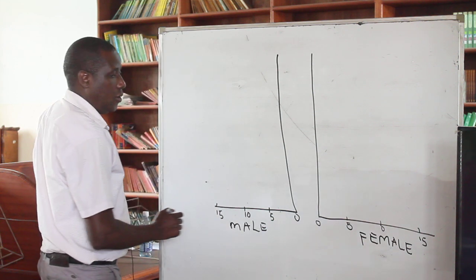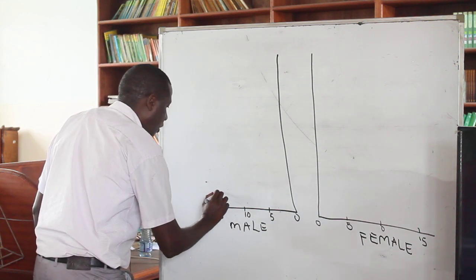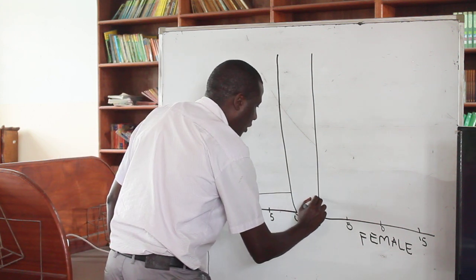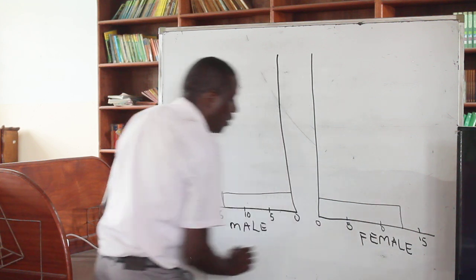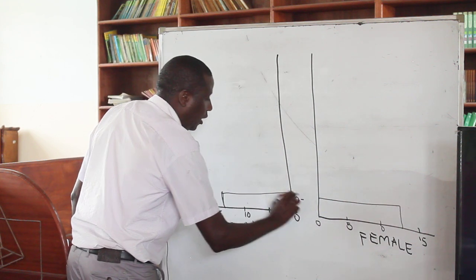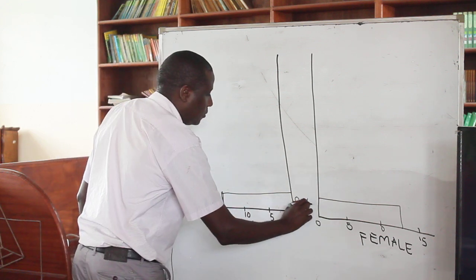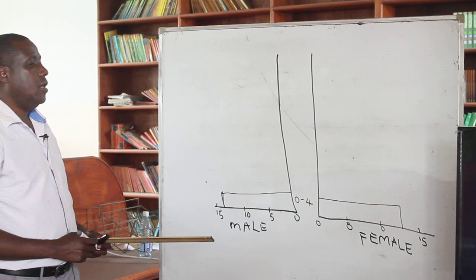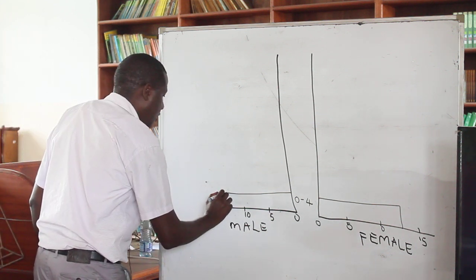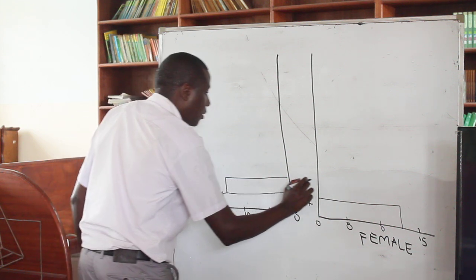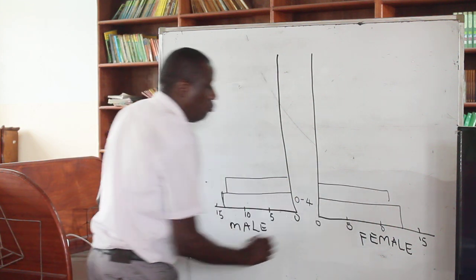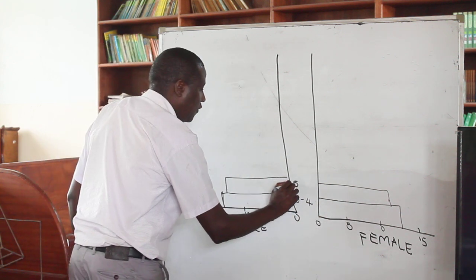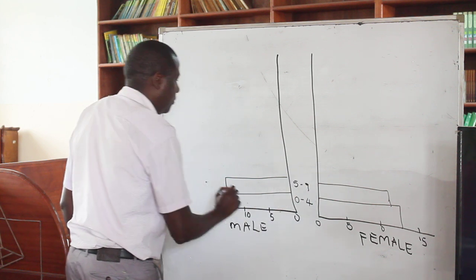So, for example, we are saying the first bar here, we're talking about people between 0 and 4 years, right? Then the next bar here, we're talking about people between 5 and 9 years.